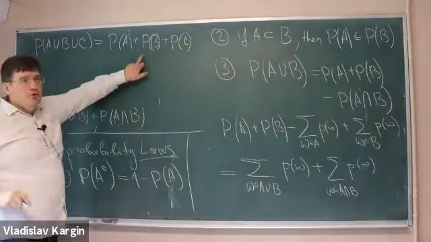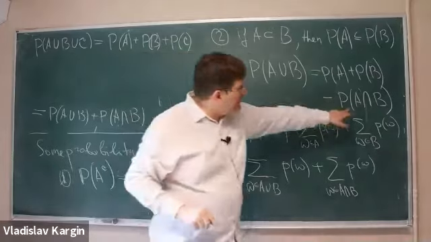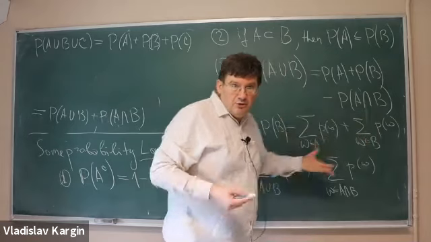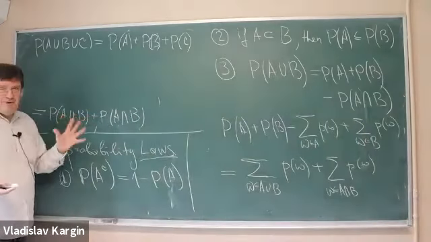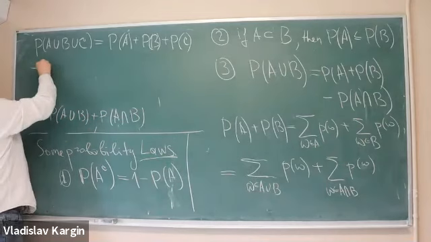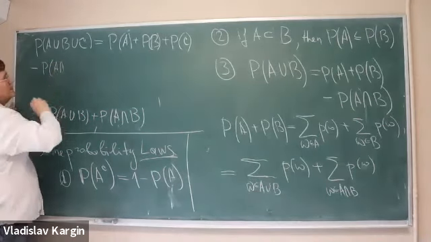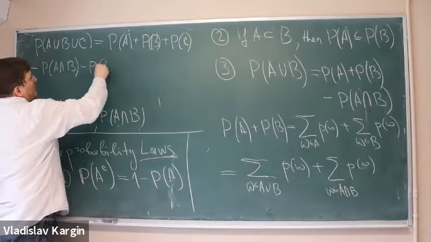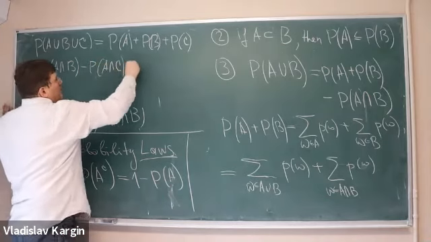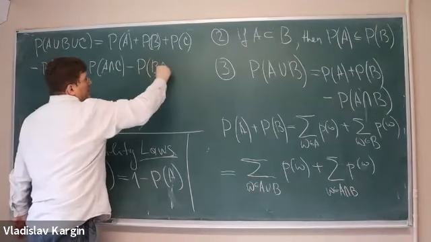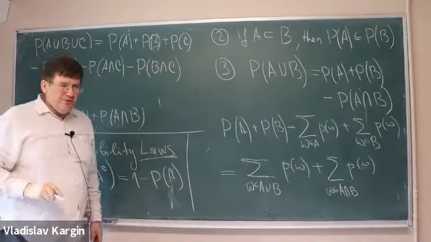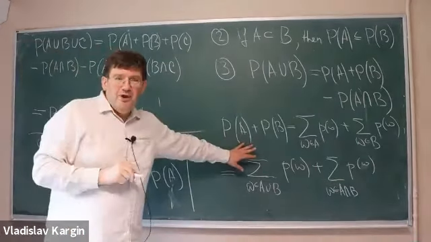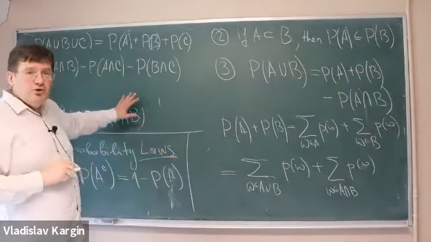But this would be too much. So you subtract the probabilities of intersections because of these double counting problems. So you subtract P of A and B, minus P of A and C, minus P of B and C. But after that, if you look attentively with this diagram or this proof, you'll figure out that this time you subtracted too much.